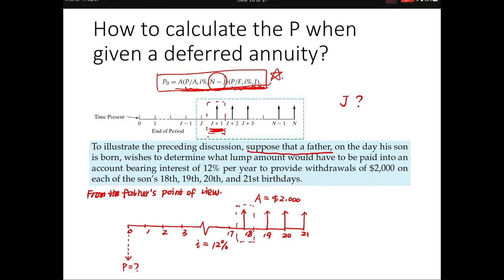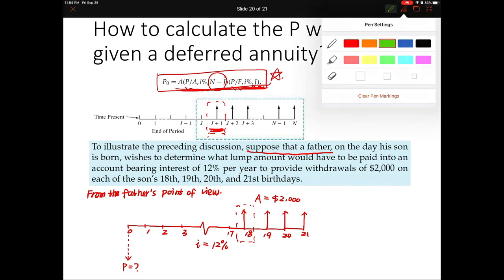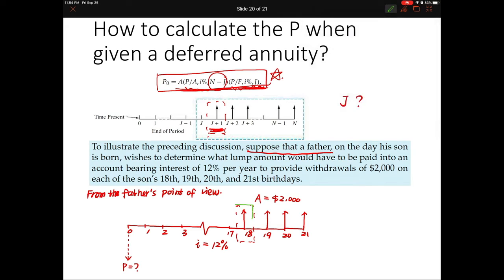Look at that. Okay, so this is the thing you're looking at. That's the first annuity. And the number of periods is 18. Okay, and 18 is what? In this general diagram, it's gonna be J plus 1.